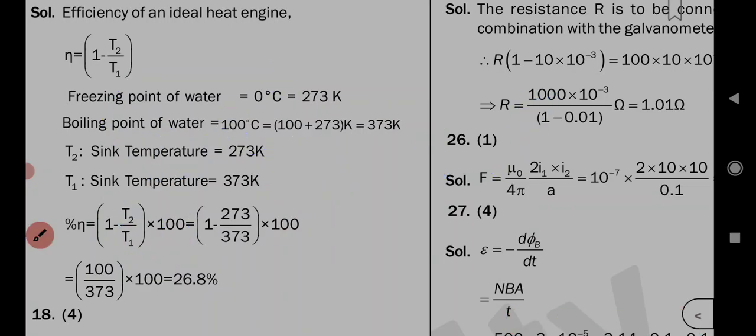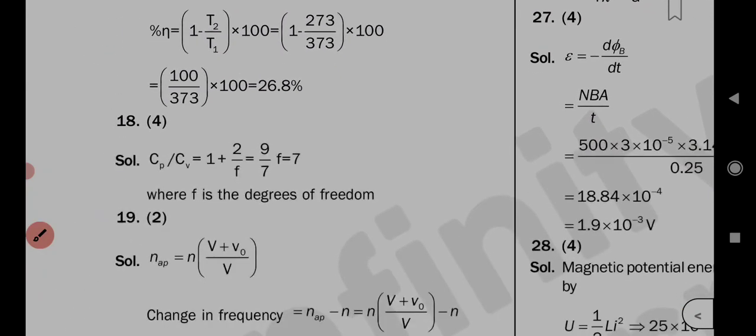How do we do that? Cp by Cv is how much? You already know it: gamma is 1 plus 2 by F. This relation is very important, do not forget it.